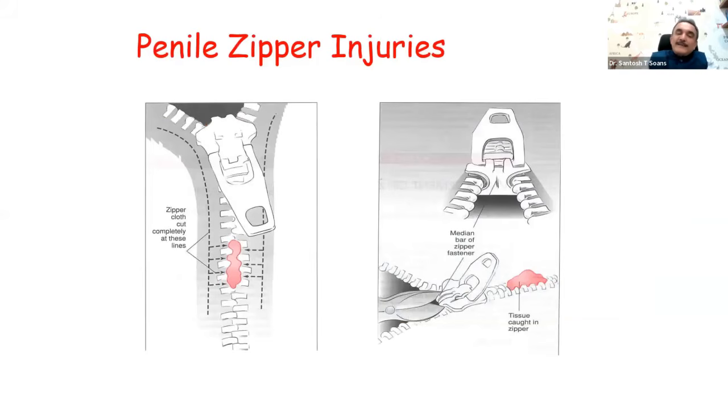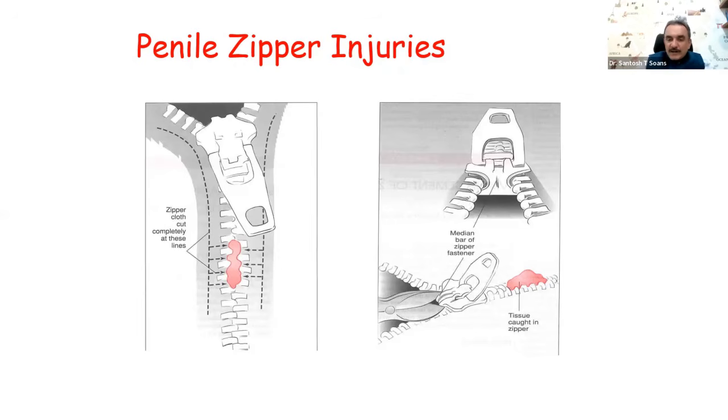Many of the time we see penile zipper injuries. What happens is, a child, without looking, just pulls his zip and his prepucial skin gets stuck in the zipper. There are two ways we can do it. You can put some mineral oil onto the zip as well as on the penile area, so usually it will soak and the zipper will come out easily.